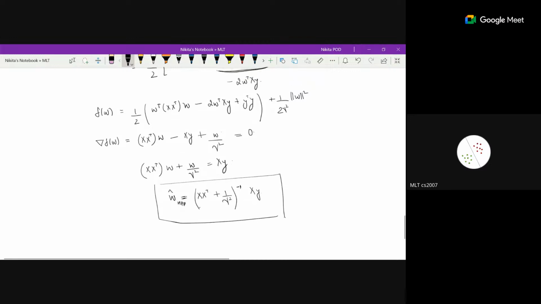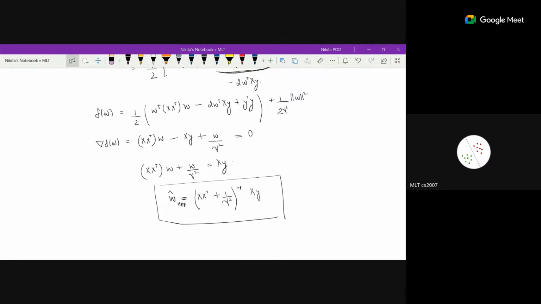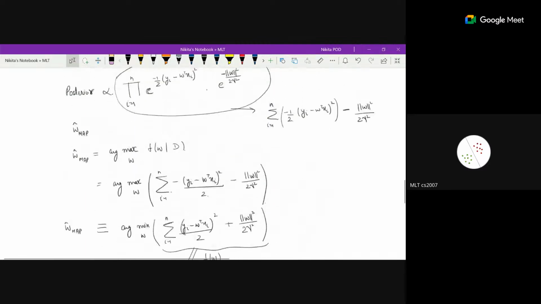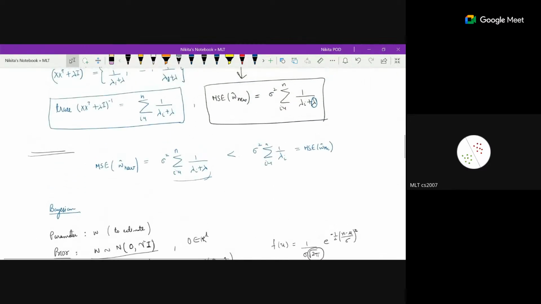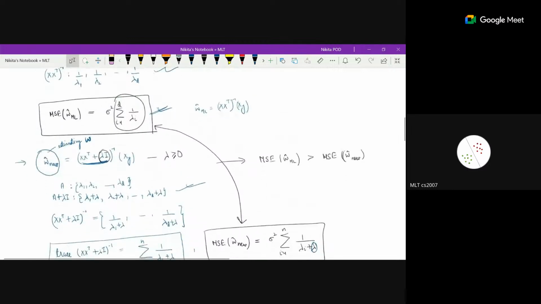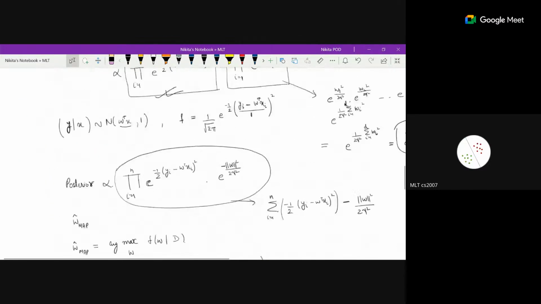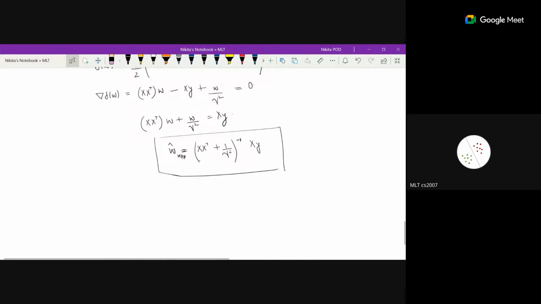And see that this W hat MAP that we have obtained is the same as the new estimator that we had taken earlier, which is W hat new equal to XX transpose plus lambda I whole inverse XY.